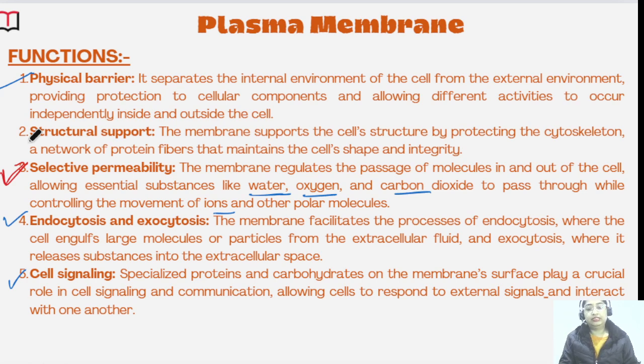You have to purchase a ticket, right? And if somebody does not have a ticket, the guard is not going to allow them. So only selective people can enter. Correct? Similarly, plasma membrane also says, okay, I'm going to allow only some selective molecules. Not all the molecules can enter.